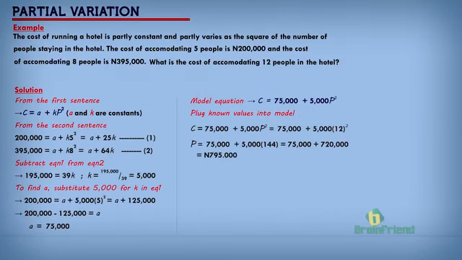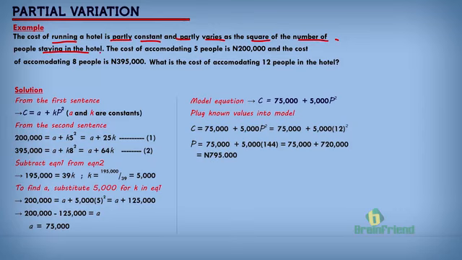Now let's take another example that is a live word problem that involves partial variation. The cost of running a hotel is partly constant and partly varies as the square of the number of people staying in the hotel.